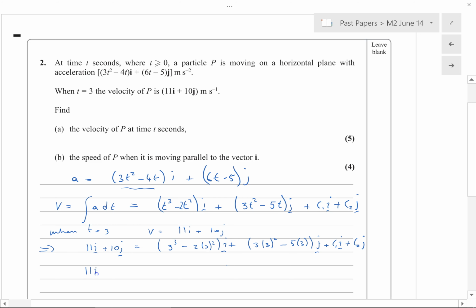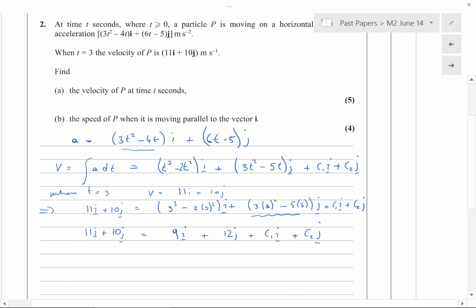So let's not rush this too much. 11i plus 10j. This here is 27 take away 2 times 9, so that's 9i. This here is 27 minus 15, so that's 12j, plus c1 i plus c2 j.